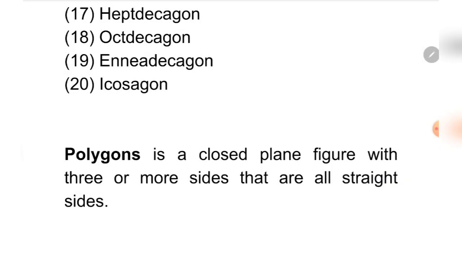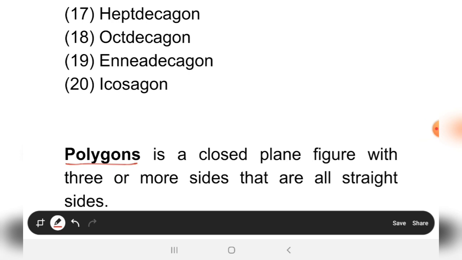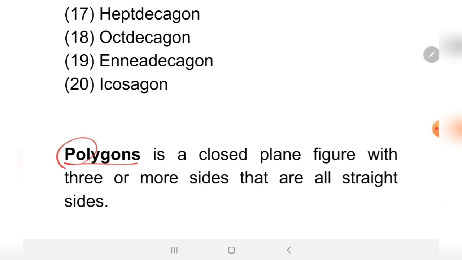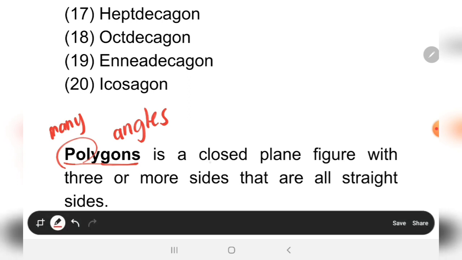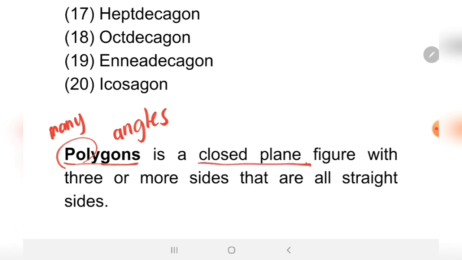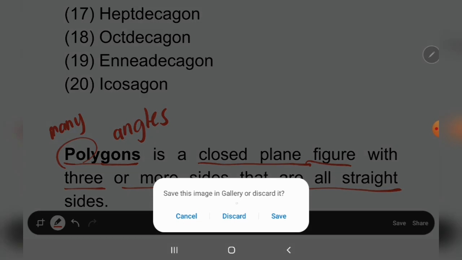What does it mean by polygon? Polygon is from the Greek word poly, meaning many, and gon, meaning angles. Many angles. It is a closed plane figure with three or more sides that are all straight sides.